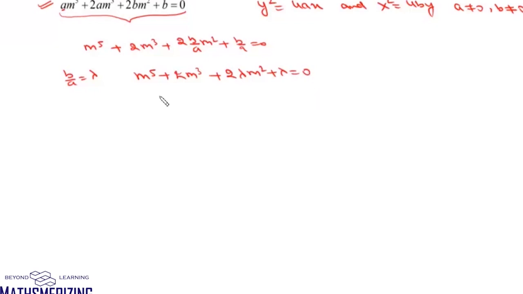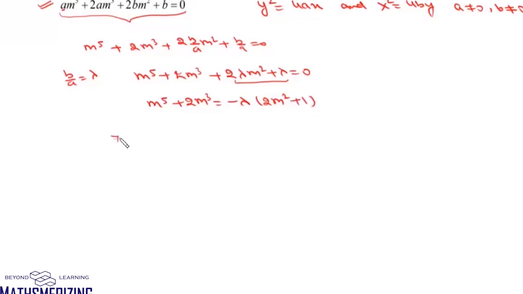So I can write this equation as m to the power 5 plus 2m cube, and then I'll take everything on the right hand side: minus lambda times 2m square plus 1.